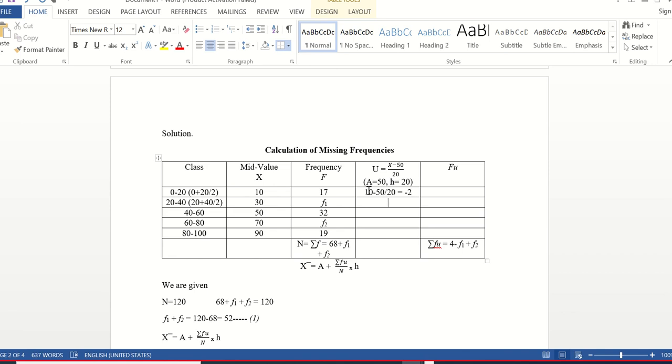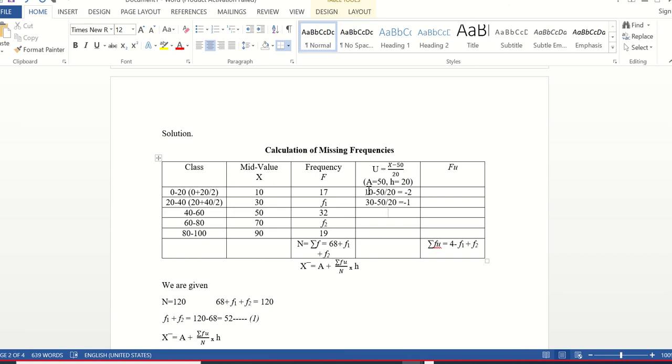Similarly, for the next one, 30 minus 50 divided by 20: minus 20 divided by 20 is minus 1.